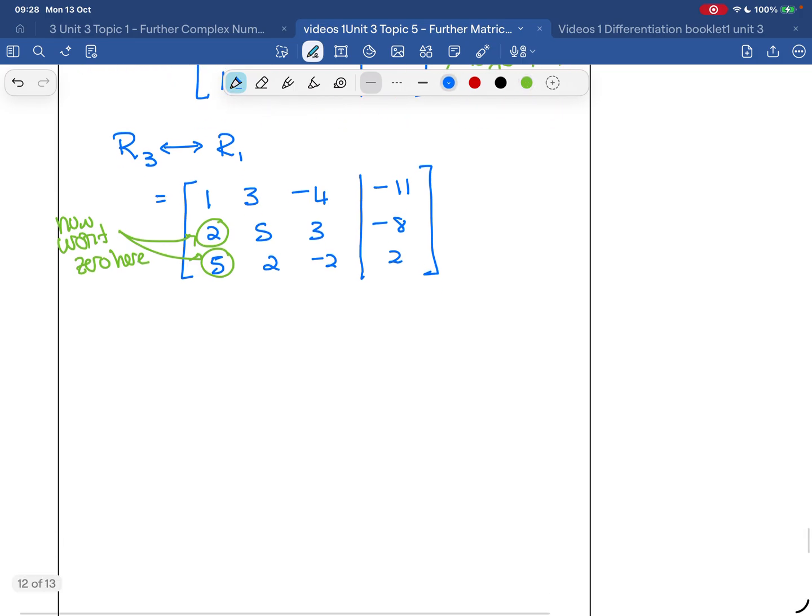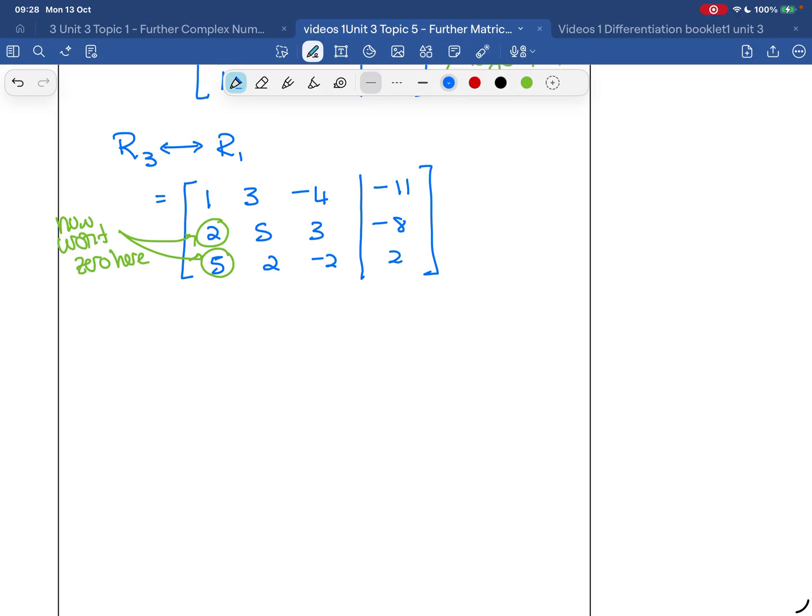Well, if I say row 2 minus 2 times row 1, that'll get me a 0 in this row here. And then if after that I said row 3 minus 5 times row 1, well, that's going to give me my zeros over there. Okay, so let's see how we go with this.